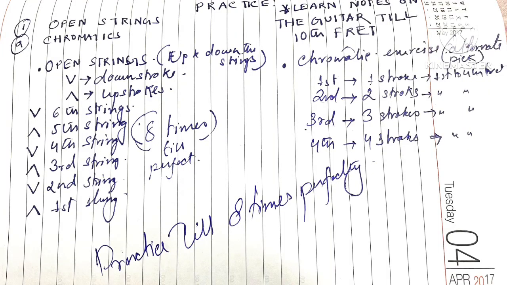As you can see in your screen, these are the practices you need to do. First, learn notes on the guitar till fifth fret. I have shown you. If you are not comfortable with what are the notes on each fret, from first to the tenth, rewind the video, go back and see once again. Now, the upstroke is denoted as like this, and the downstroke is like this.